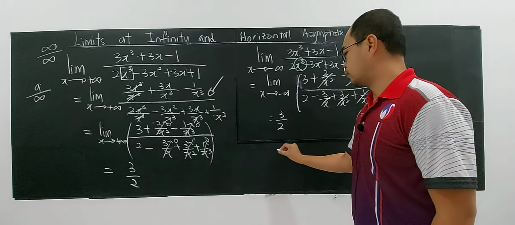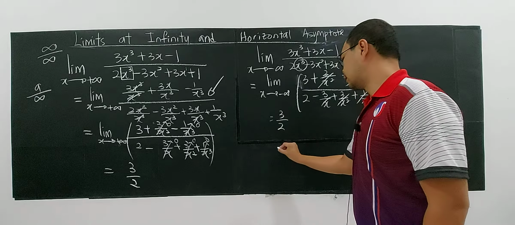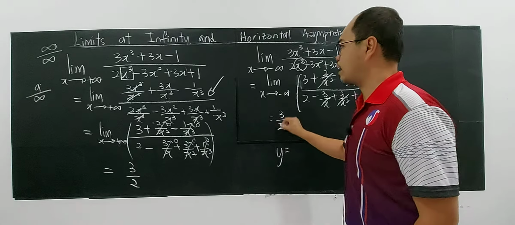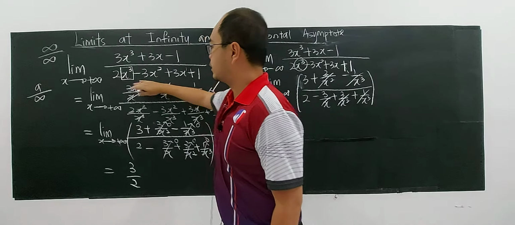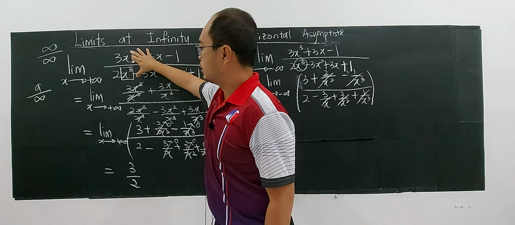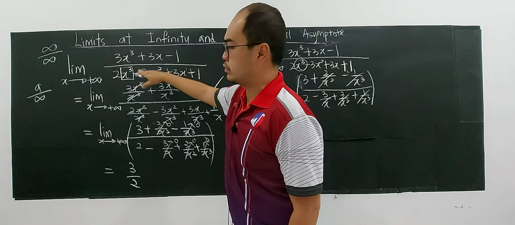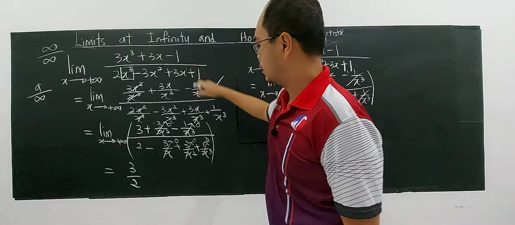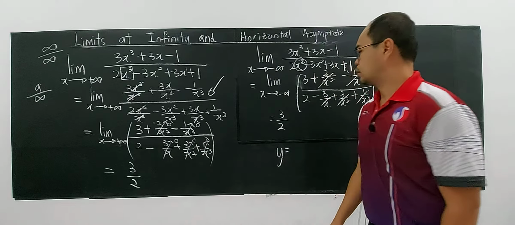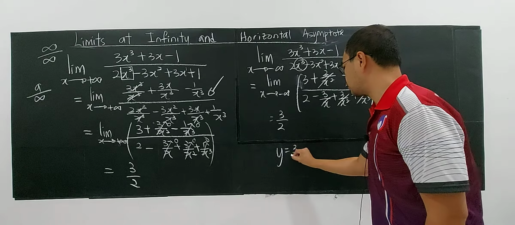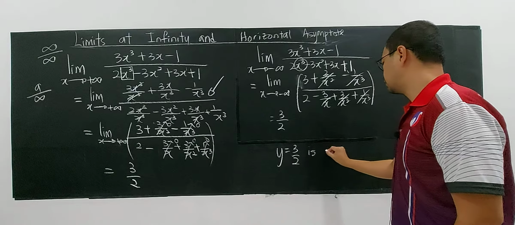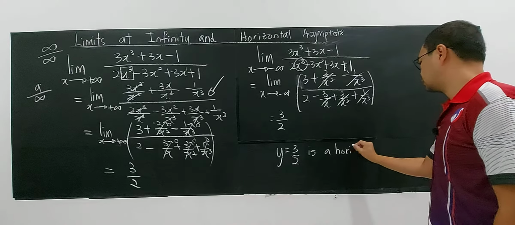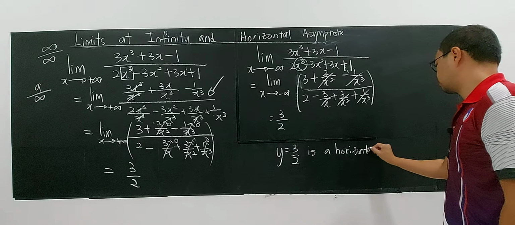So this can verify that this is the y value, because this is y, your function. When x is a very big number, the y here gets nearer to 3 over 2, which means that y equals 3 over 2 is a horizontal asymptote.